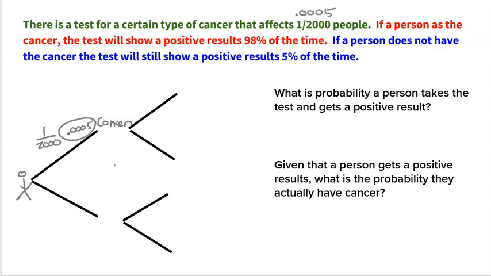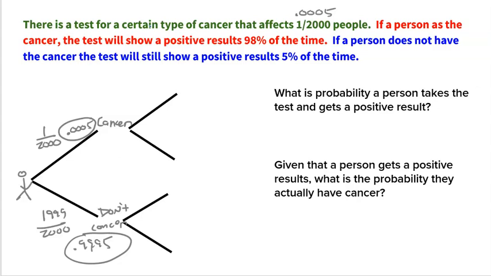Very unlikely to be on that branch. And then the probability that you don't have cancer, well, that's just the opposite. That would be 1,999 out of 2,000, which is 0.9995. Look at that. So again, 0.0005, that's the probability you have the cancer. Very unlikely. Probability that you don't have the cancer is very likely.